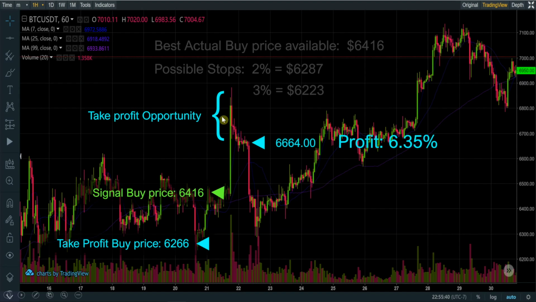So the market came up and spent about 6 or 7 hours going slowly down, eventually hitting our stop loss at 66.64. That is a profit of 6.35 from this area here all the way down to what we did our buy at 62.66.